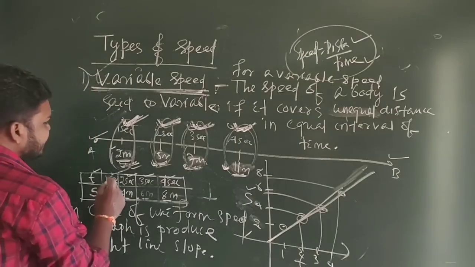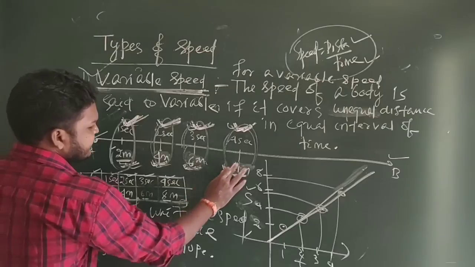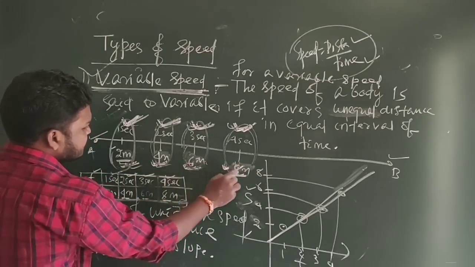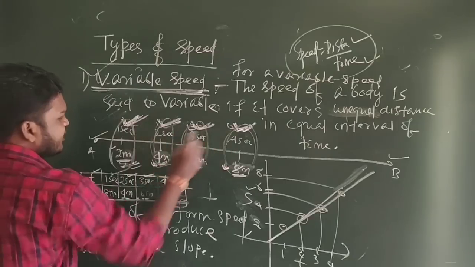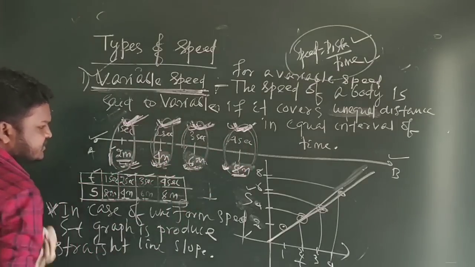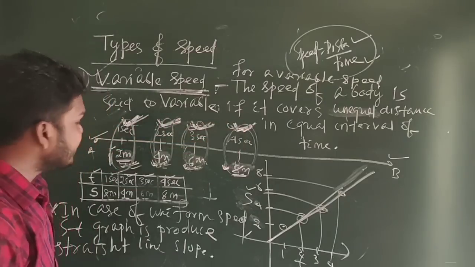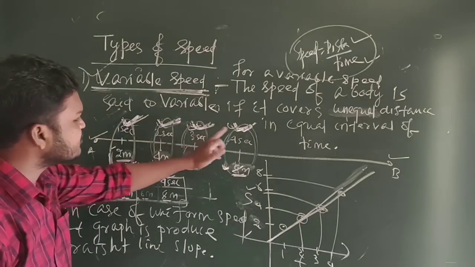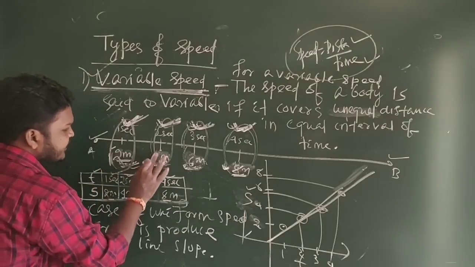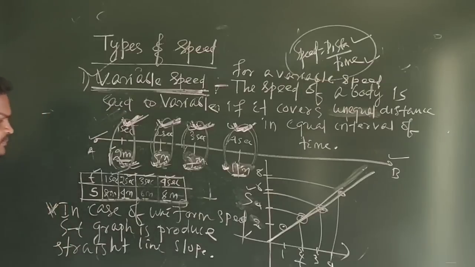But in case of uniform speed, the body covers equal distance, equal distance meaning the 2 meter increase also in equal interval of time, so the magnitude of speed at every point is constant. In case of uniform speed the magnitude is the same everywhere. But in case of variable speed the magnitude is different everywhere because the distance does not increase uniformly.